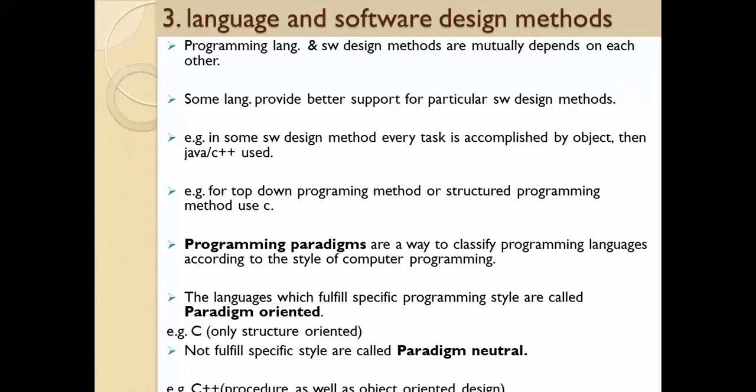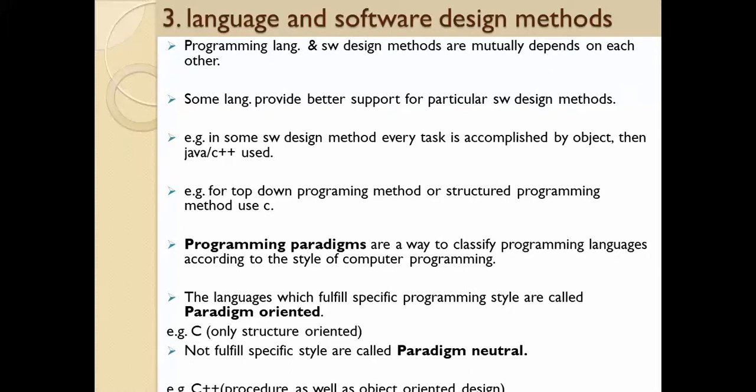Suppose a particular language does not satisfy a particular style; then we say that language is paradigm neutral. For example, C++. C++ satisfies procedure as well as object oriented design. It is neutral because it does not specify a single structure, so it is paradigm neutral.